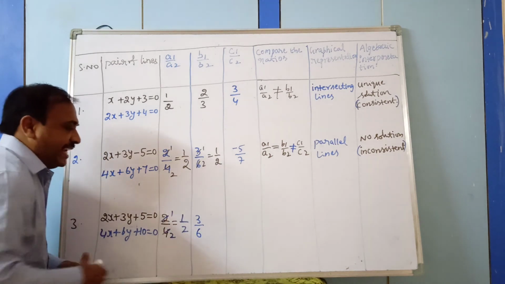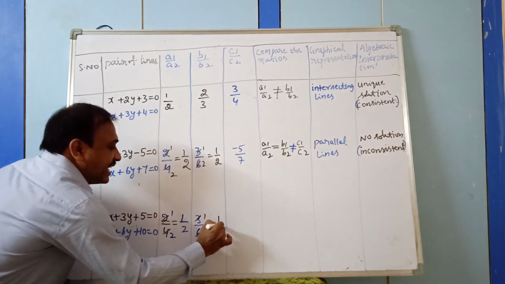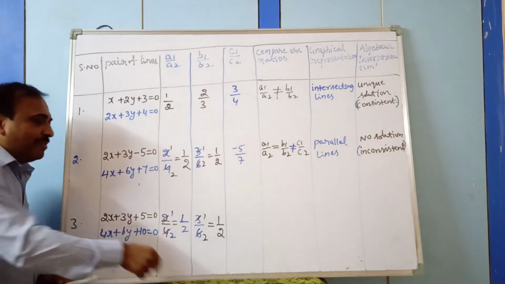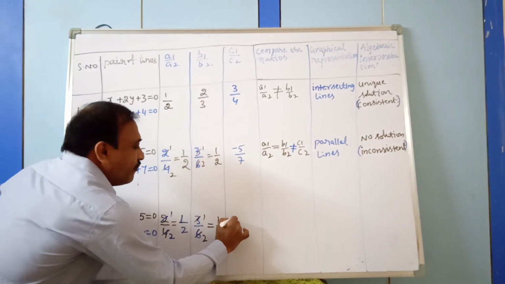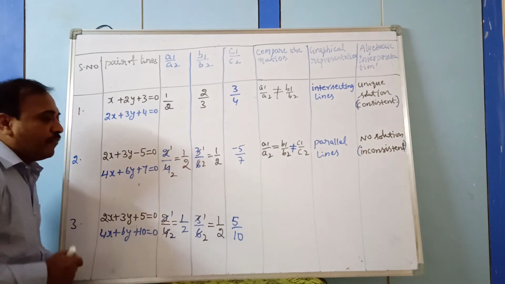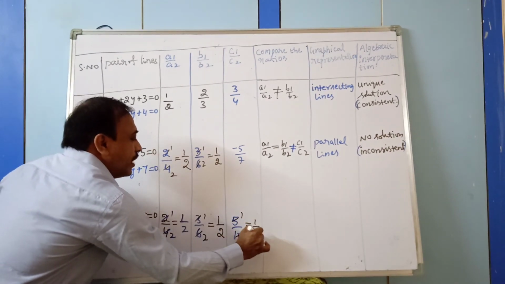If you simplify it, 3 ones are 3, 3 twos are 6, which can be written as 1 by 2. Similarly, C1 by C2, that is 5 by 10, which you can simplify further. 5 ones are 5, 5 twos are 10, which is equal to 1 by 2.